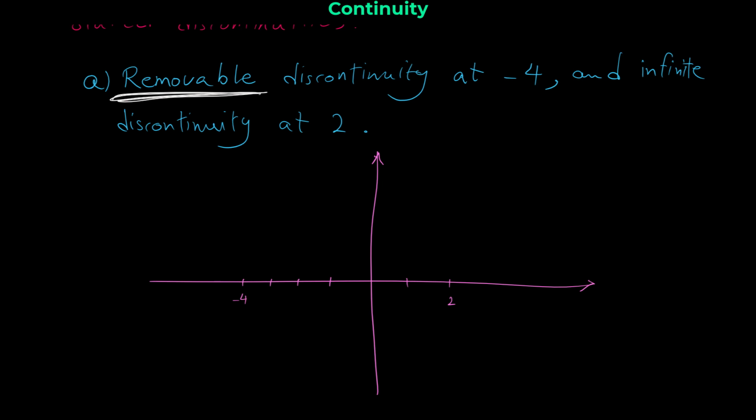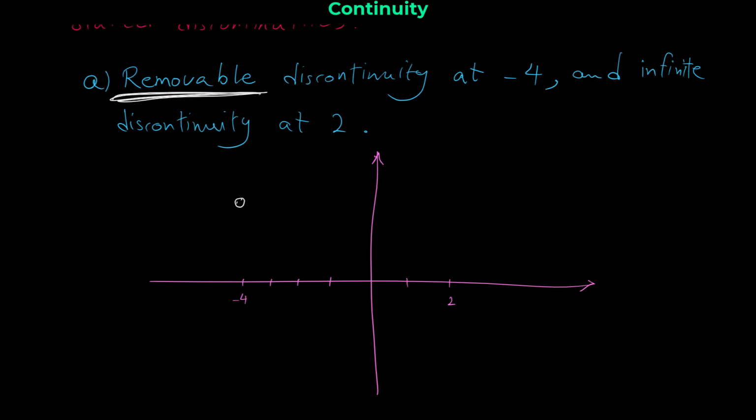Removable discontinuity happens when we have a hole at that point. So you have to graph something, any graph works, but at -4 you have to put a hole, an empty hole. So let's say we put a hole here.